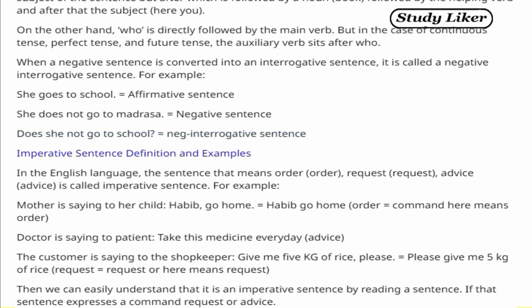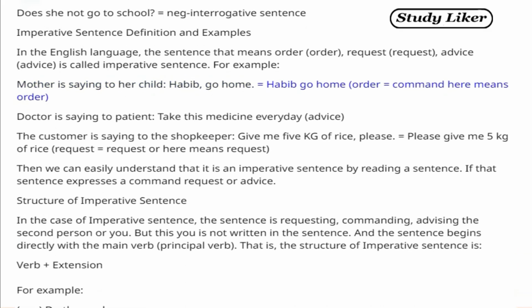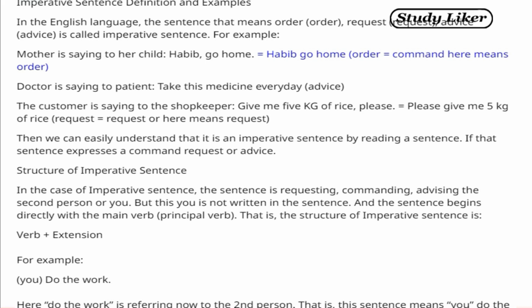Imperative sentence definition and examples. In the English language, the sentence that means order, request, advice, is called imperative sentence. For example, mother is saying to her child, Habib, go home, order equals command.